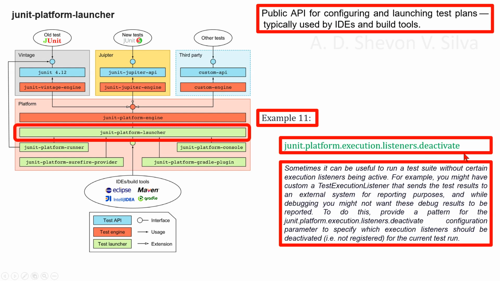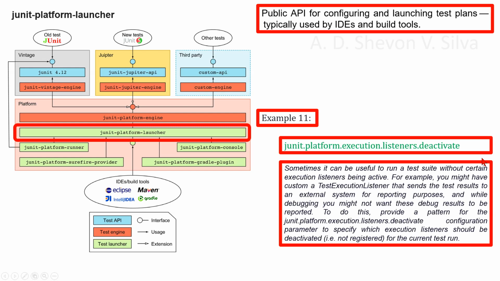Only listeners registered via the ServiceLoader mechanism within the /META-INF/services/org.junit.platform.launcher.TestExecutionListener file can be deactivated. In other words, any TestExecutionListener registered explicitly via the LauncherDiscoveryRequest cannot be deactivated via the junit.platform.execution.listeners.deactivate configuration parameter.